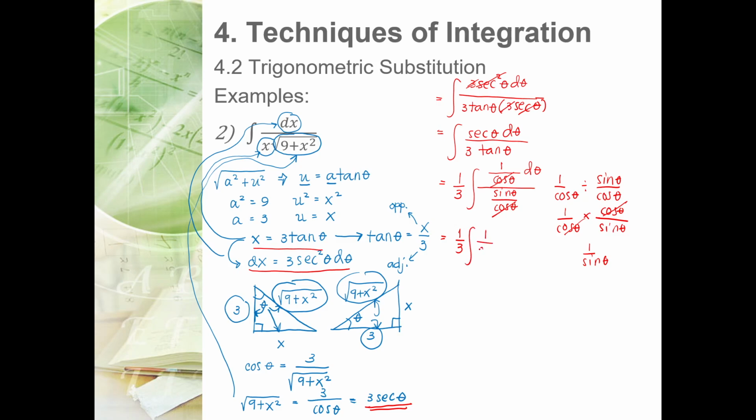So 1 all over sine theta d theta. So this is 1/3. So again, we can represent your 1 over sine theta with cosecant theta d theta. And the corresponding answer for this one is 1/3. So that's ln. So again, if you try to remember your formula, so this will be the ln.